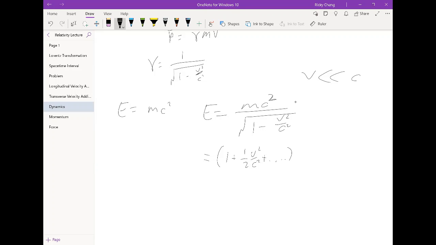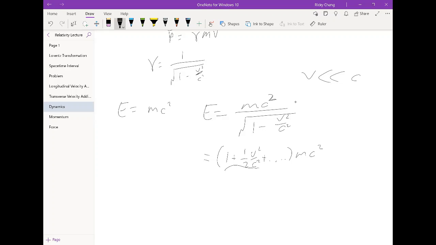All of those other quantities will be at a higher power of v squared over c squared, like the second or third power and so on. Now, if we assume that v is a lot smaller than c, then all those other quantities basically go to 0.